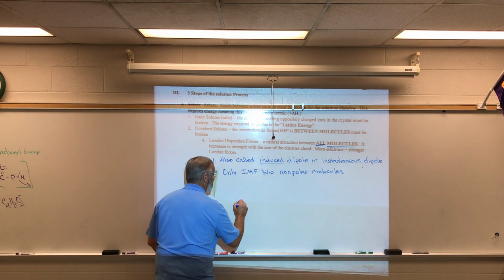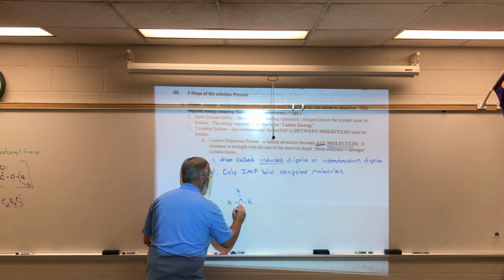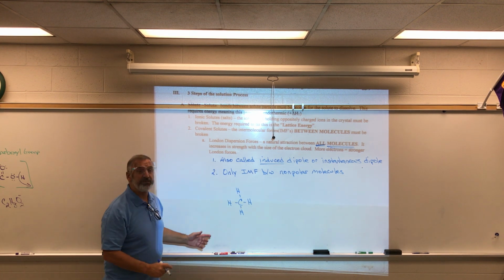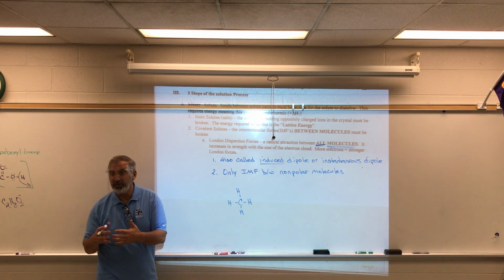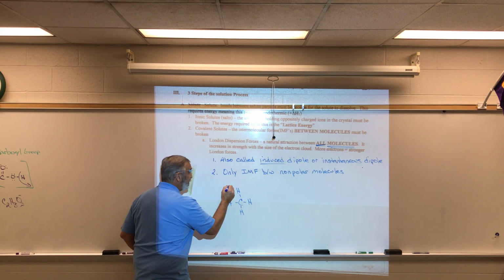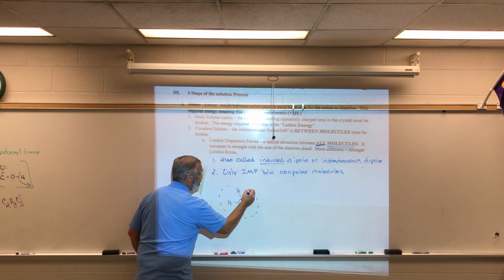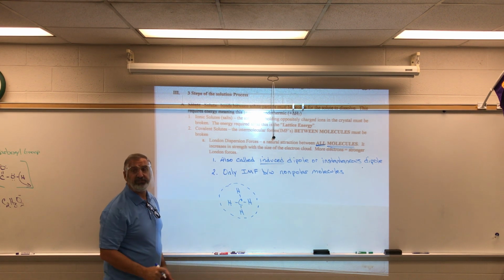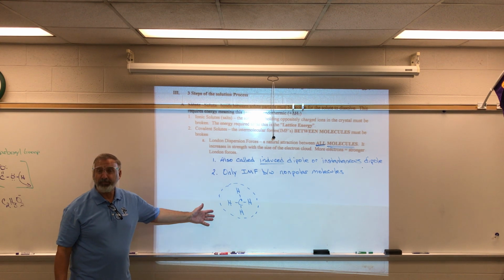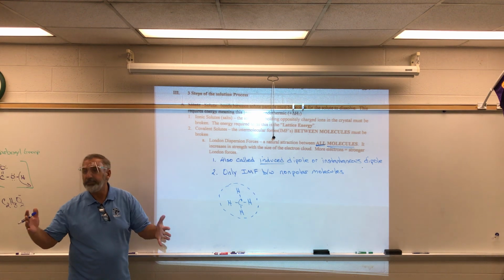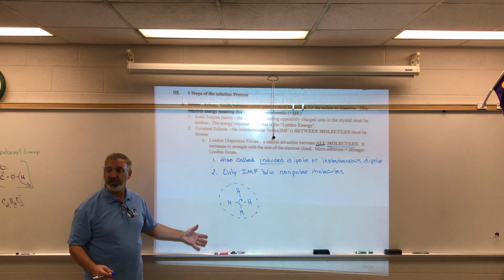Now, the way that this works is if I take a methane. Methane is a symmetrical molecule. The carbons and hydrogens really are nonpolar. It's an even sharing of electrons all the way around, which means that the electron cloud is symmetrical, evenly distributed. Okay? So there's no dipole, there's no two poles, it's not a polar molecule, it's a nonpolar molecule.